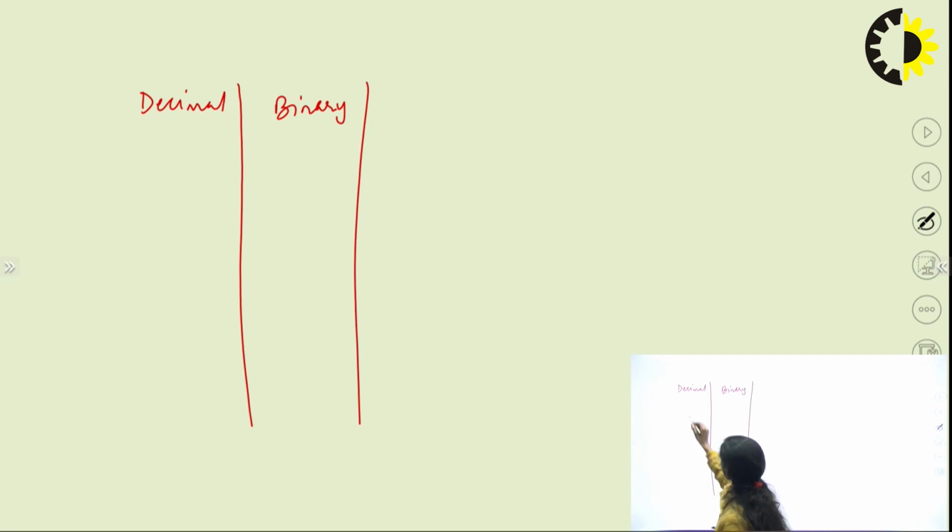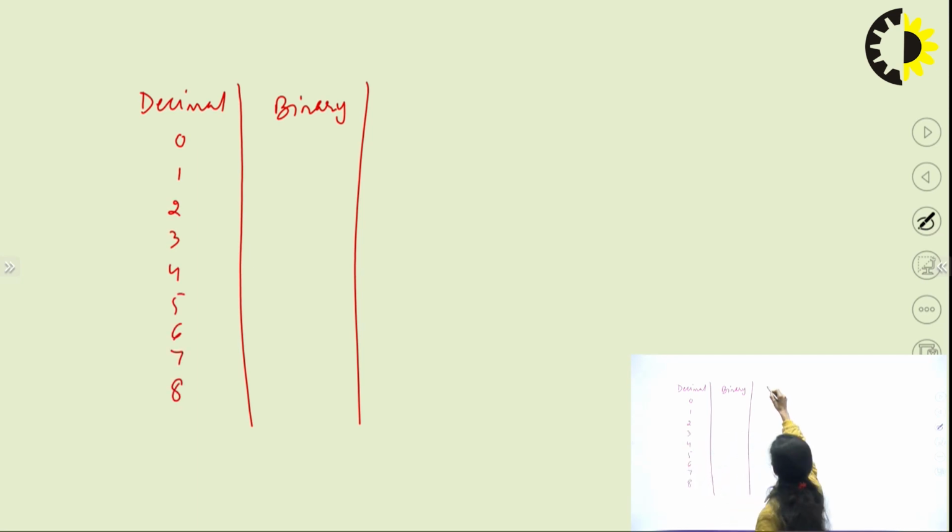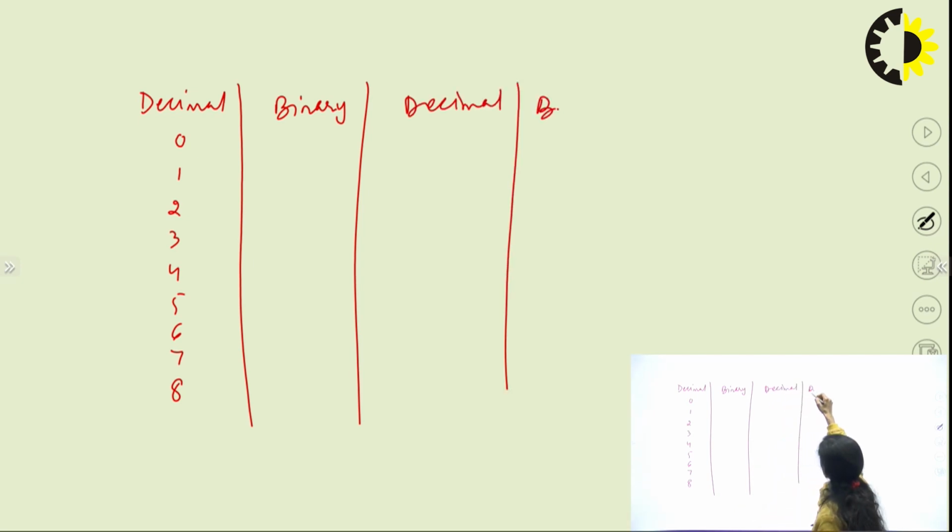For certain digits, if we convert the decimal numbers 0, 1, 2, 3, 4, 5, 6, 7, 8, then after this is another same table. So for this conversion, we have a certain code.